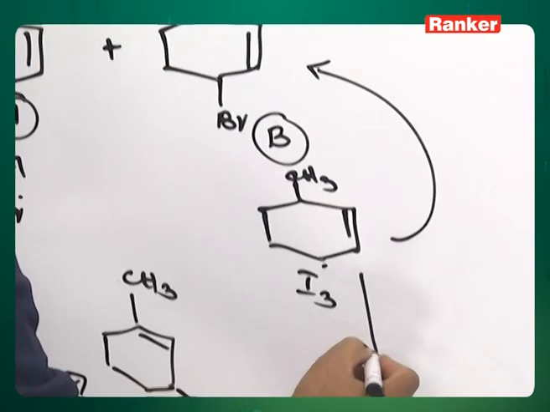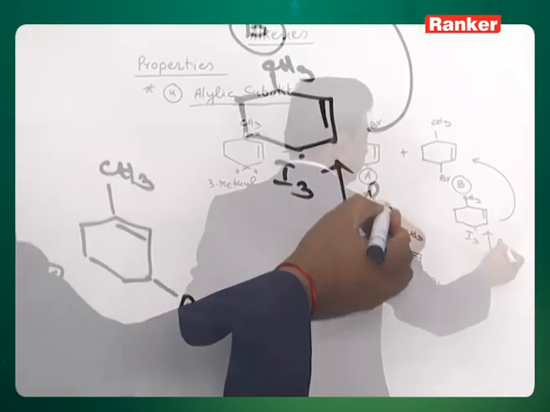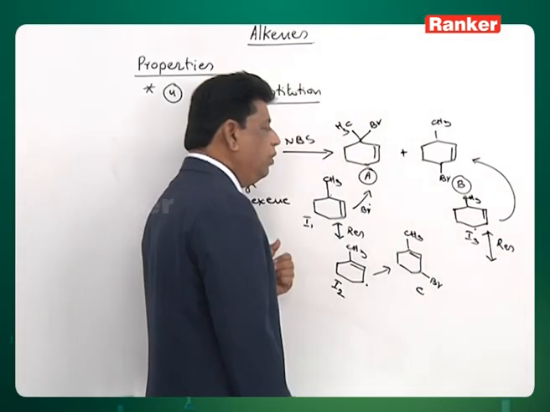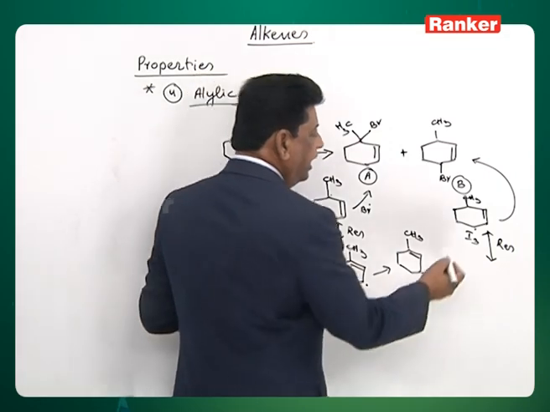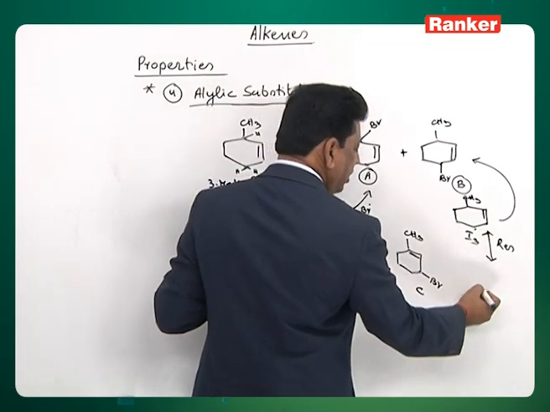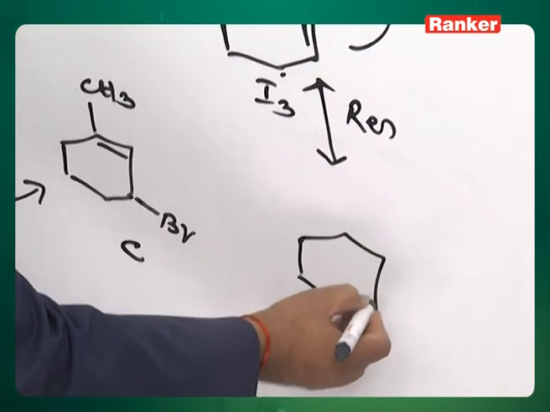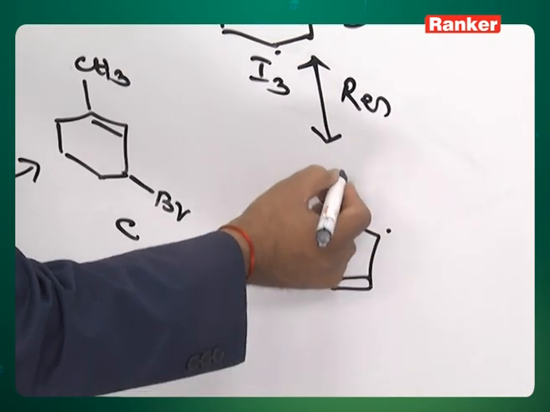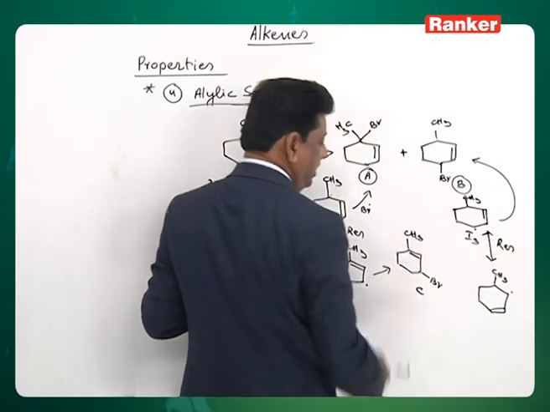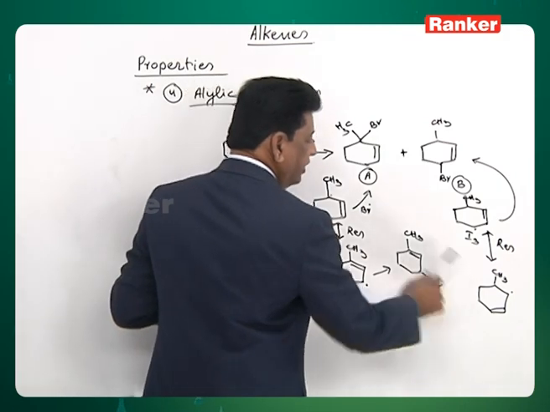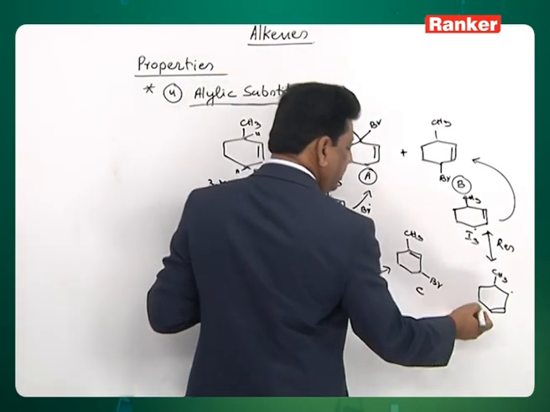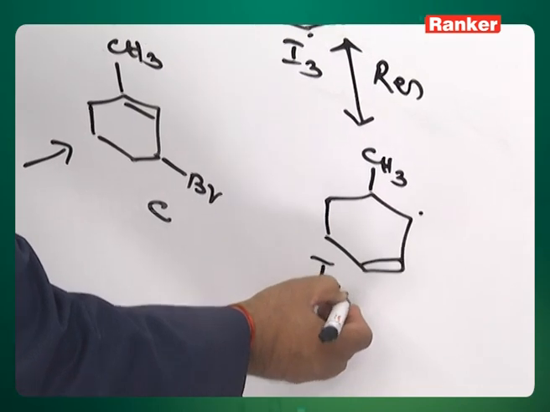Instead, it may undergo resonance. Intermediate 3 may undergo resonance, which gives a double bond this side and the dot goes that side. With reference to the methyl, this is different, this is different, right? So the other intermediate, let me call it intermediate 4.